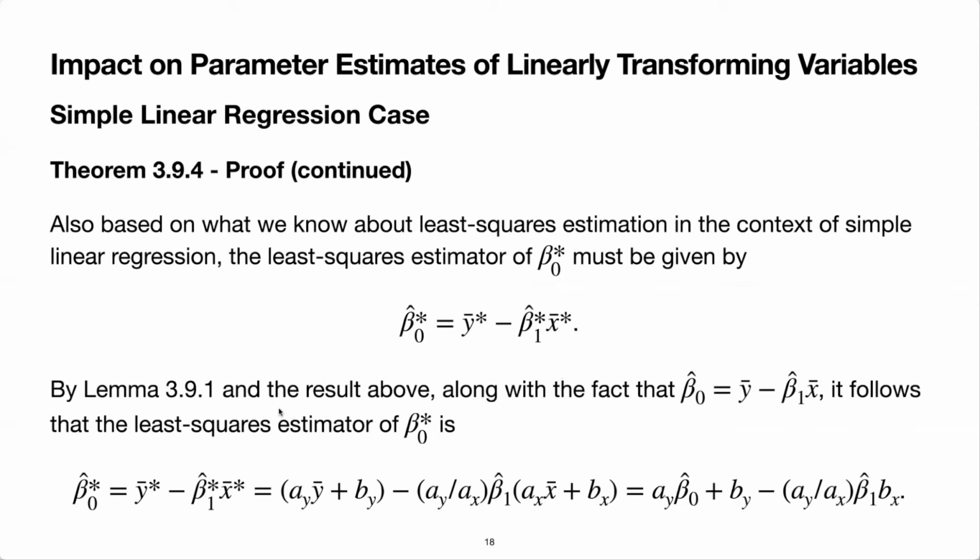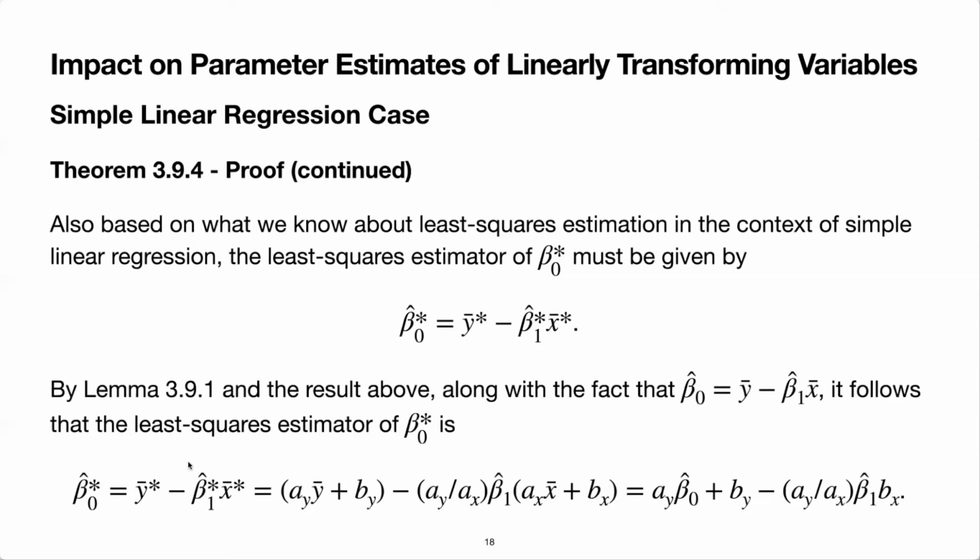By lemma 3.1 and the result above, along with the fact that beta 0 hat is equal to y bar minus beta 1 hat times x bar, it follows that the least squares estimator of beta 0 star is given by the following. So beta 0 star hat is equal to y bar star minus beta 1 star hat times x bar star. All right, so we know that is true based on the theory of least squares estimation in the context of simple linear regression.